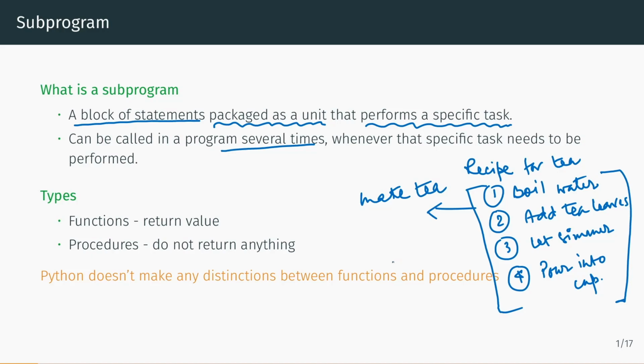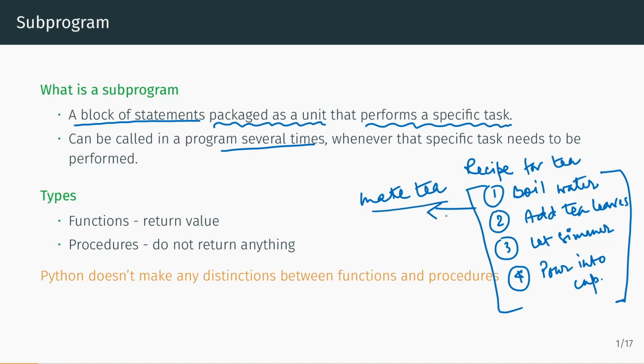So whenever you want to make tea, or when you want to ask somebody to make tea for you, you would not have to specify these 4 steps. You would not say boil water, add tea leaves, blah blah blah. You would say make tea. And it is sort of assumed that the person knows how to make tea.